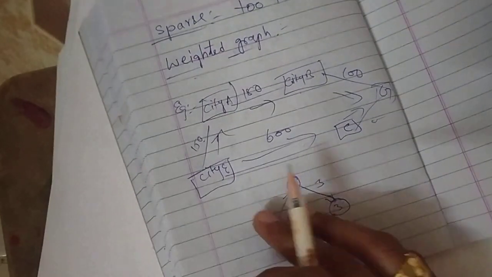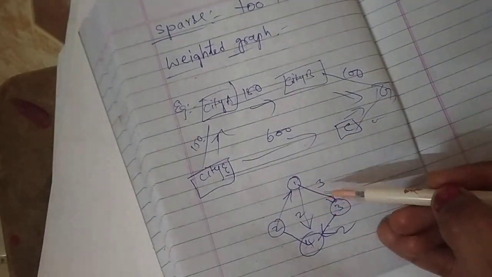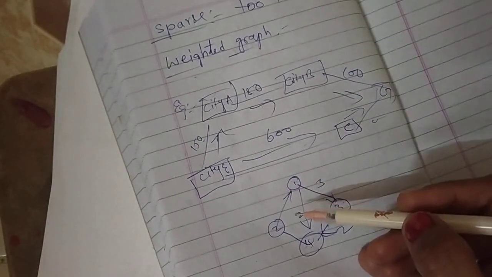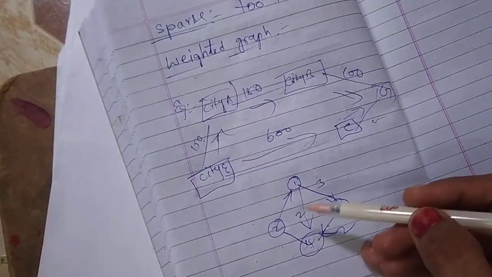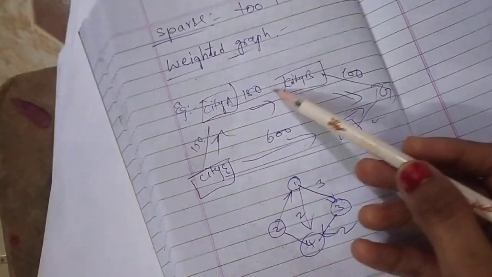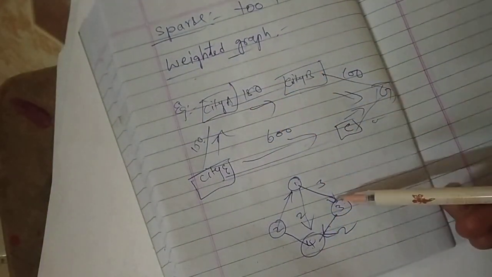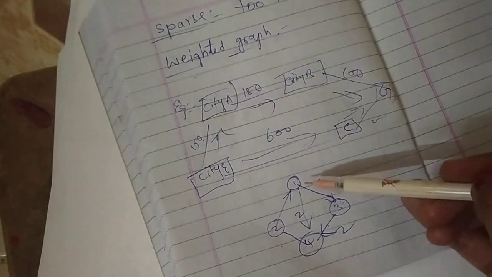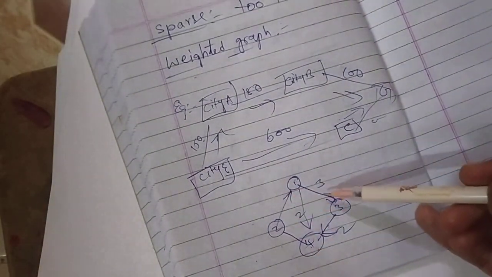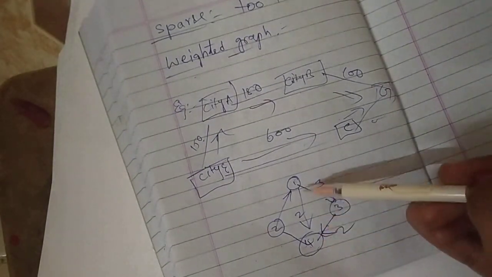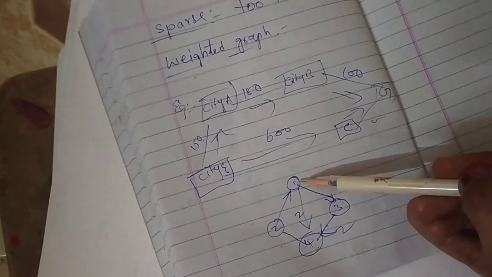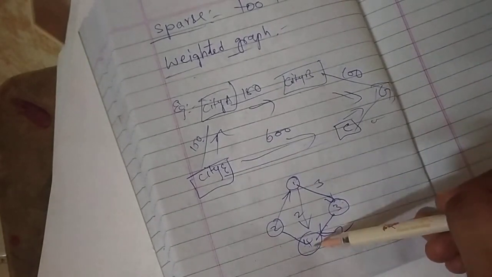See here. So the weight is considered, whereas in a practical example, like you see the road by the kilometers or length. If you consider these are the vertices and this route, you can reach from 1 to 4 directly, or you can reach from 1 to 3, 3 to 4 also.